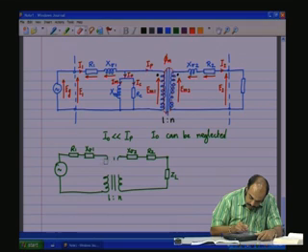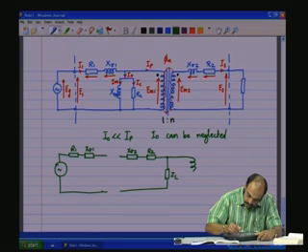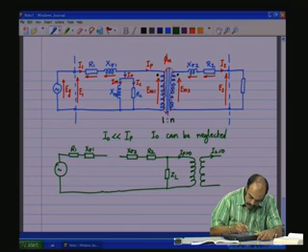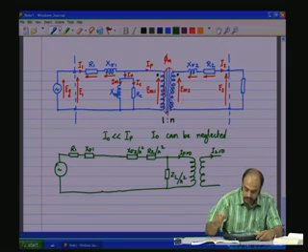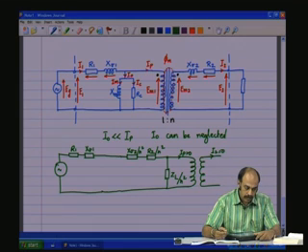We remove this transformer here, we put the transformer on this side, so here I2 is equal to 0, this also IP equal to 0, and we join it here. Now, these values would be divided by n square. This would be the impedance that one would see.